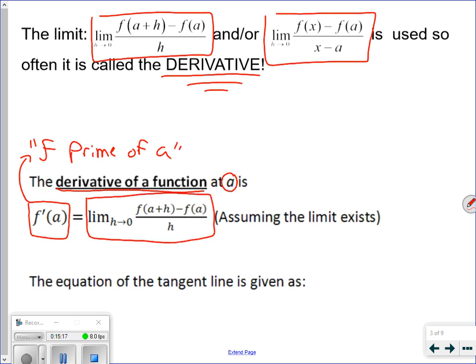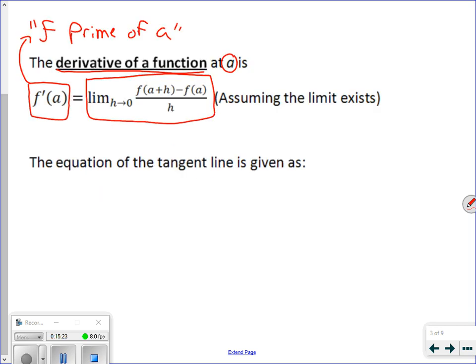Assuming that the limit does exist, and most times it will. Right? And whenever I say f prime of a, I am literally saying the slope of the tangent at x equals a. So it's no longer the average rate of change. F prime of a means what is the slope of the exact or instantaneous rate of change at x equals a.